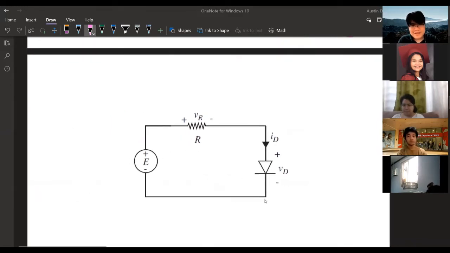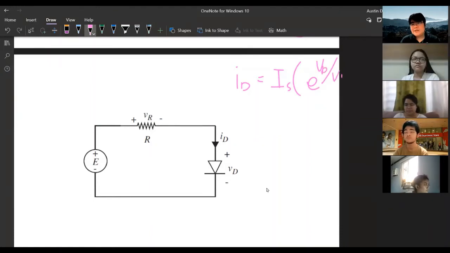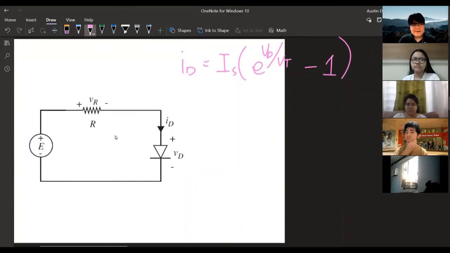this one. May diode tayo. Okay, again, yung diode na current is IS times E raised to VD over VT na lang, no? Kasi baka malito tayo sa VTH. Minus 1. Okay? Now, let's try to solve this equation.